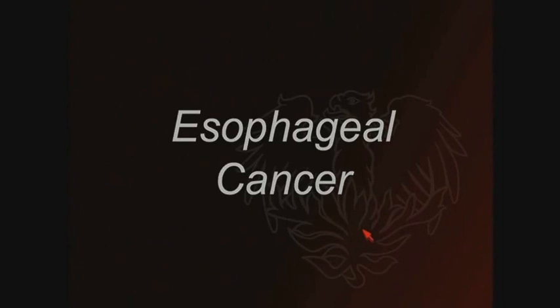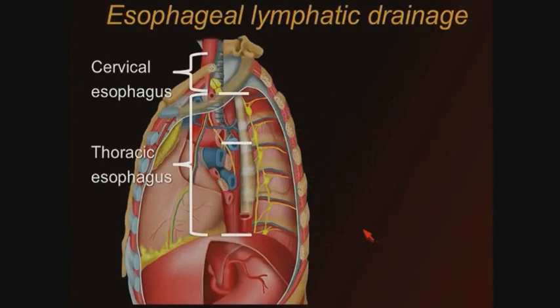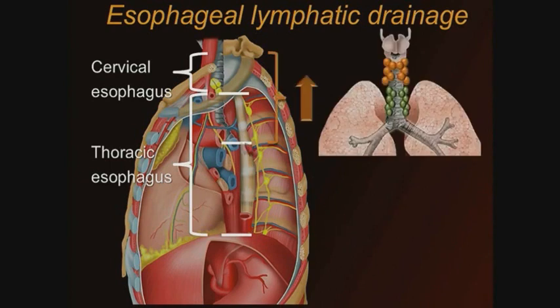So let's move on to esophageal carcinoma, also a pretty frequent malignancy that we see in the chest, with risk factors similar to lung cancer. And the esophagus is really one of those perfect organs for lymphatic dissemination. It has such a rich lymphatic network that creates easy dissemination to different sites of not only the chest but also the abdomen.